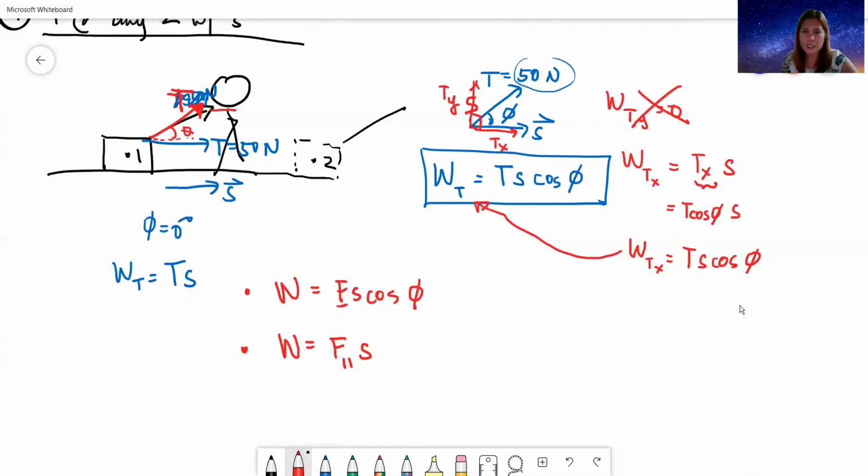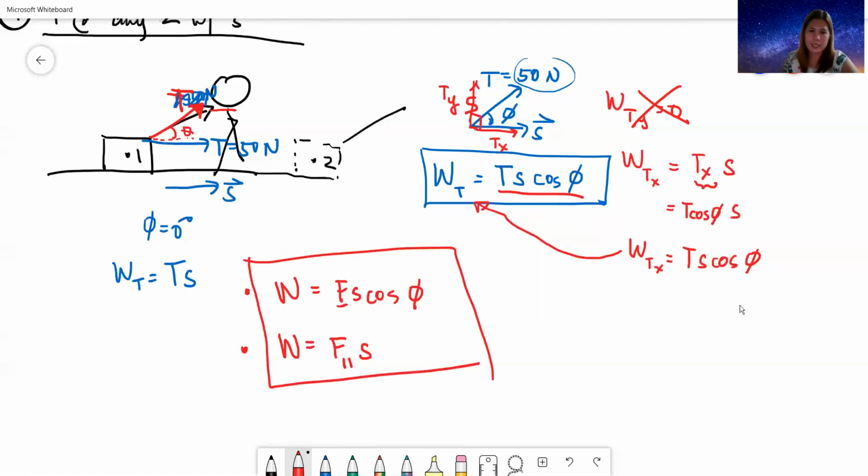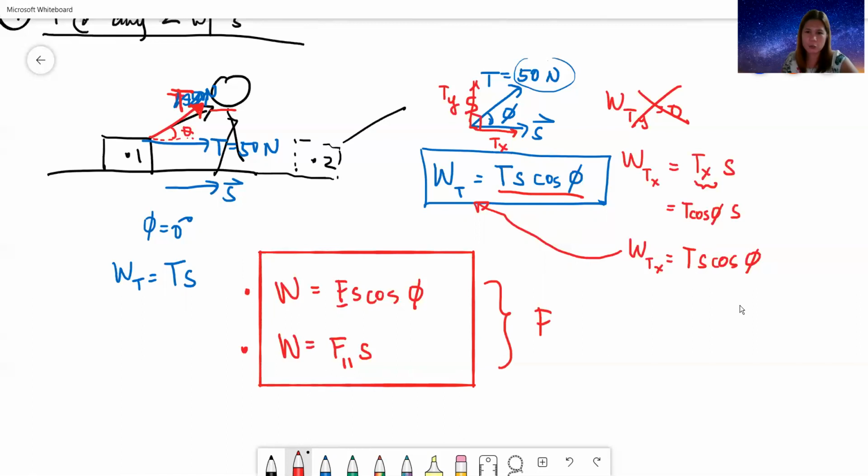Mag-focus ka ngayon sa parallel component. And obviously, it's Tx that is parallel to S. Kaya dumiretso ka, Txs. Pero bumalik ka pa rin dyan sa definition na yan. So, ayan siya. And these are all equivalent to F dot S.